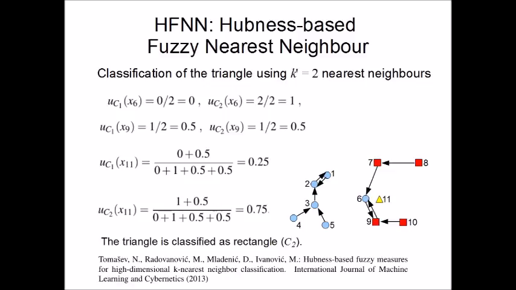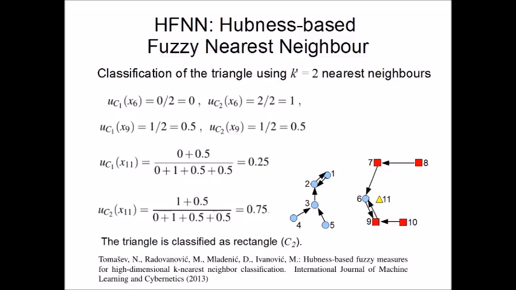Instance 6 belongs to the class of circles, whereas instance 9 belongs to the class of rectangles. However, as we said, we will actually not consider the class labels of the instances themselves, so instance number 6 will actually not vote for the class of circles, and instance number 9 will actually also not clearly vote for the class of rectangles. So what happens is the following.